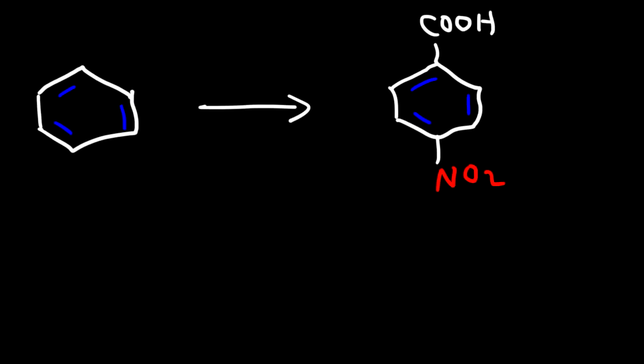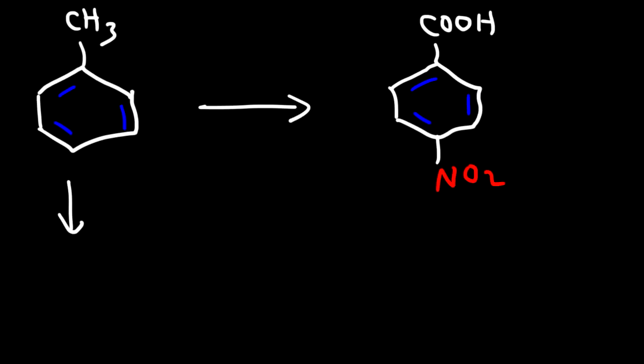Now, the alkyl group is an ortho-para director. So what type of alkyl group do we want to add? If we add a methyl group, we're going to get a mixture of products. We're going to get the ortho product and the para product. So what can we do to increase the yield of the para product over the ortho product?